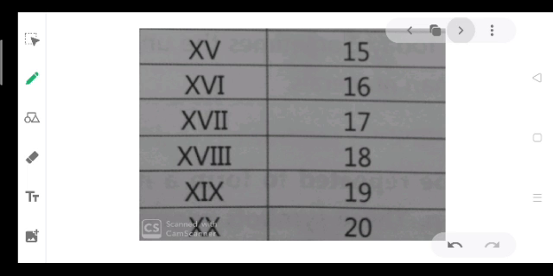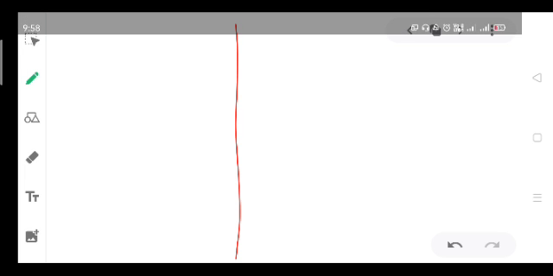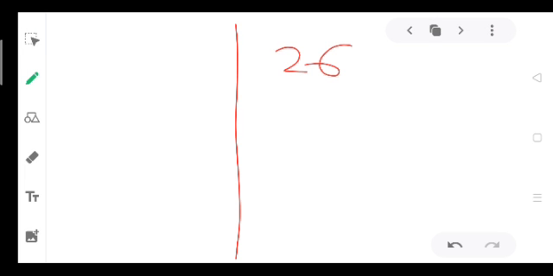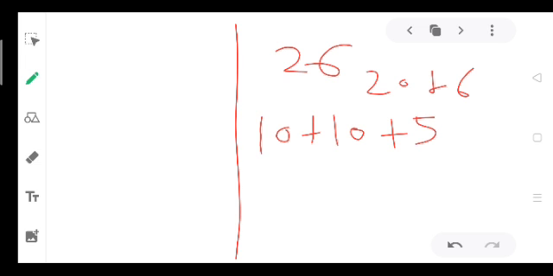Same way you can write 26, 20 plus 6. For 6 also we do not have a symbol, but how can we write it? Firstly write the expanded form of 26: 10 plus 10, 20, plus 5, 25, plus 1.